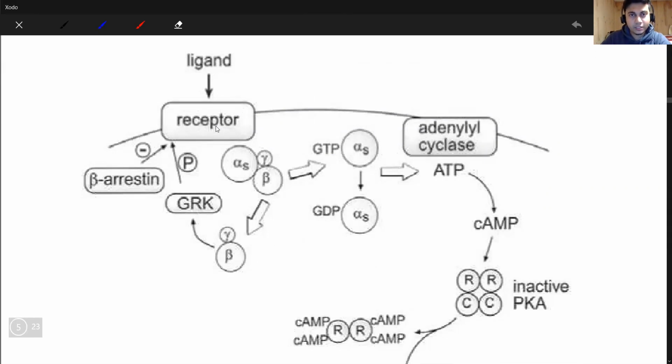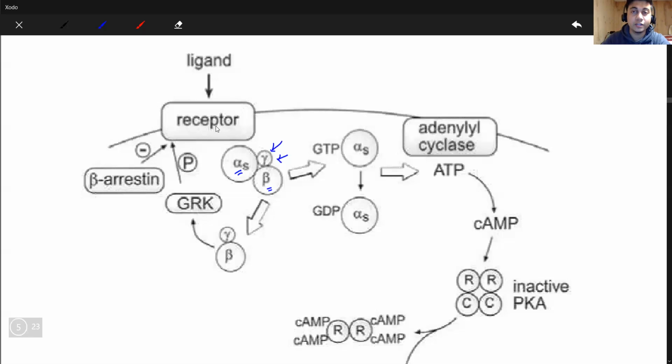Now, as you can see, this ligand is binding here to that receptor. And this receptor is bound to this G protein. This collection of protein is the G protein. Now, as you can see, this protein has three components. One is the alpha, one is the beta, one is the gamma component.